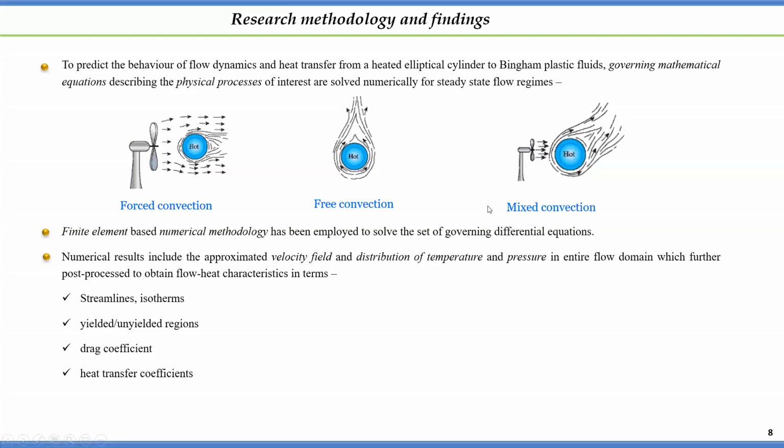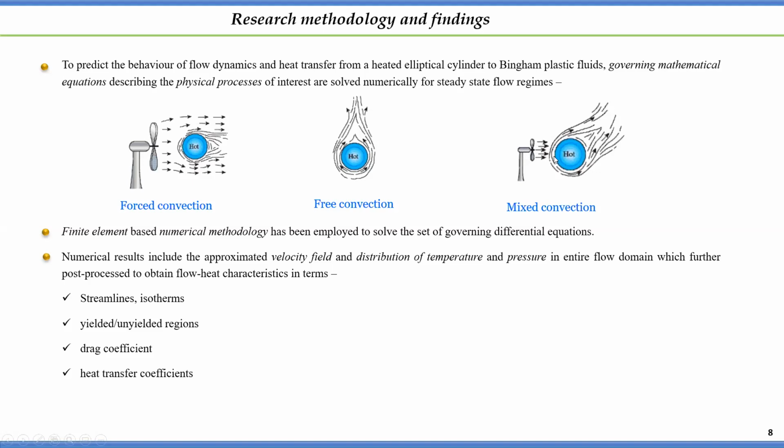So it is called aiding buoyancy convection. But if your flow is coming in the direction of gravity, that is the downward direction, and it is opposite to the buoyancy force, then it is the opposite effect, and we call it opposing buoyancy convection. And when gravity is acting in the downward direction, buoyancy acting in the upward direction, and your flow is normal to both directions, then it is called cross buoyancy convection.